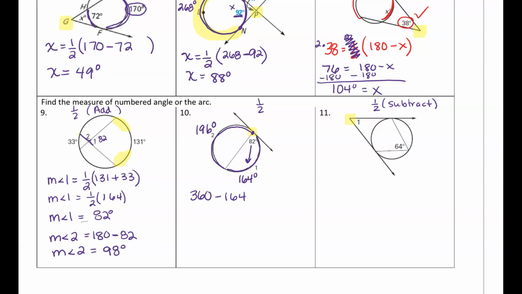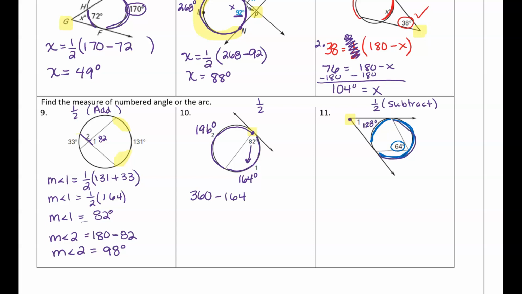And finally, question 11. Notice it's outside, and these are the arcs that I am dealing with. This one and this one. Now this one you have to know some rules. This 64 is an inscribed angle. So if I move outside, that's going to tell me if I double 64, that arc is going to be 128.